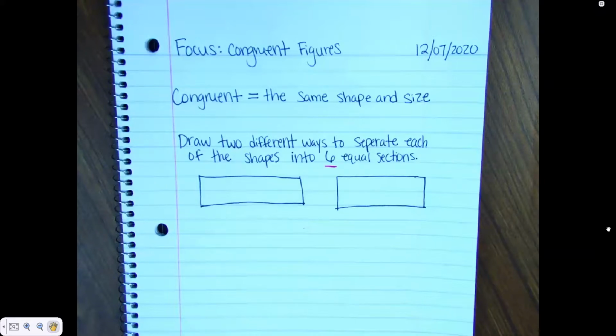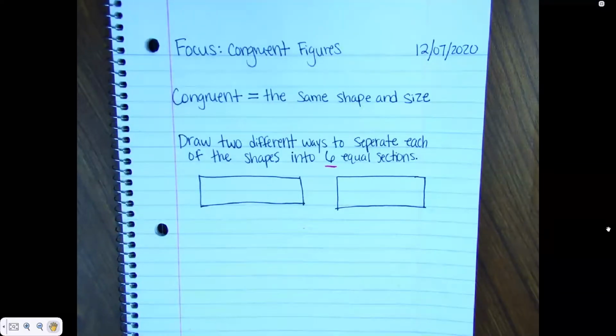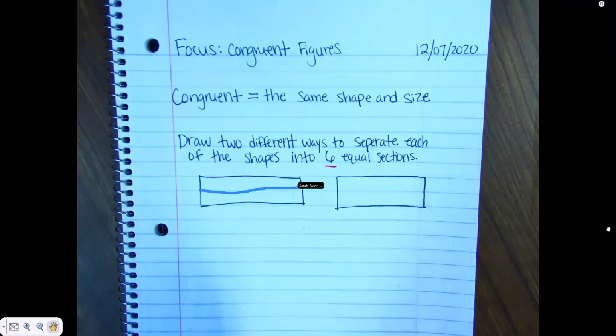All right. So, Sarah, what's one way you divided yours up? Okay. Oh, that's good. You could do it that way too. Okay, look at that.